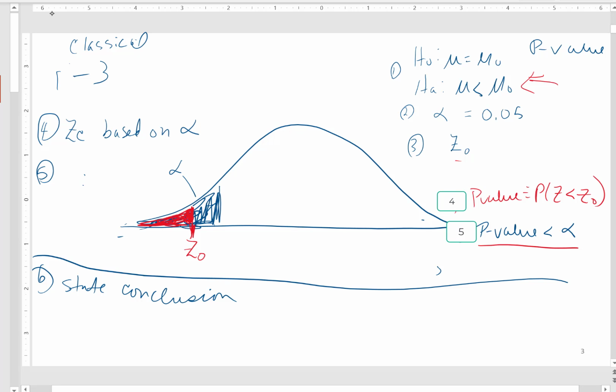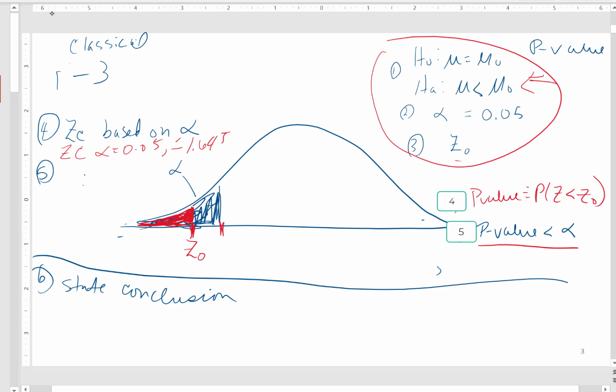Now in the classical method, we've done step 1 through 3, so we got all this information, and we even know at the start of the problem what my critical value is going to be, because I know what alpha is. So I know that my z critical for an alpha of, let's say, 0.05 is going to be negative 1.645.